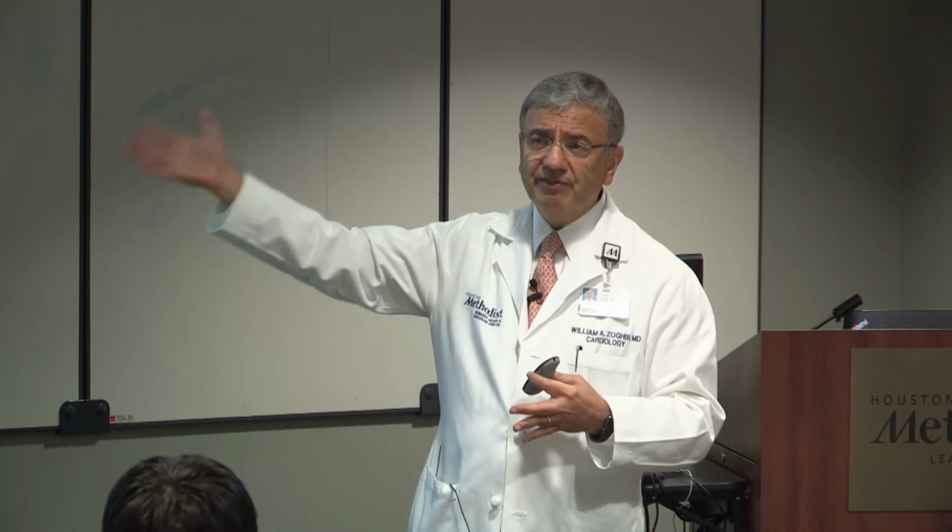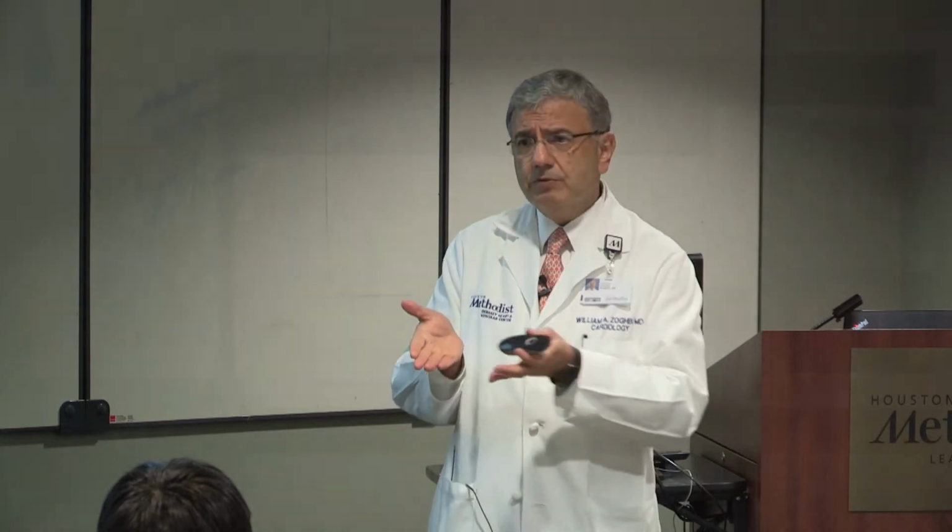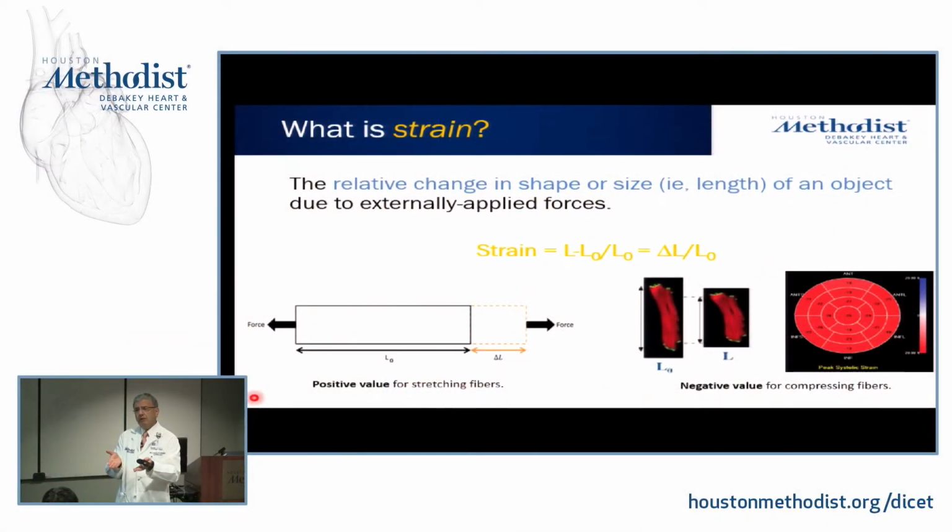Now, strain from the ventricular side is the deformation of whatever structure you're looking at. So we use strain clinically for myocardial strain, right? If the heart compresses, the number is negative. If it stretches, it is positive. It's percent change. Bottom line is percent change of a certain length.